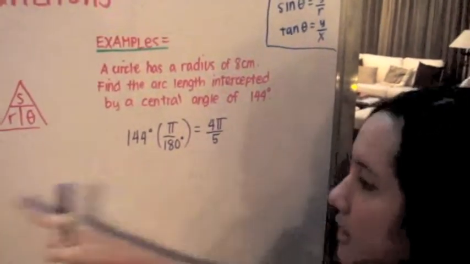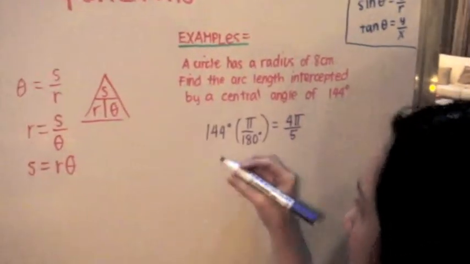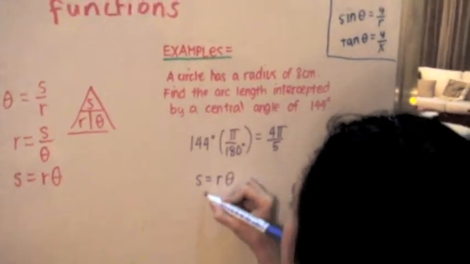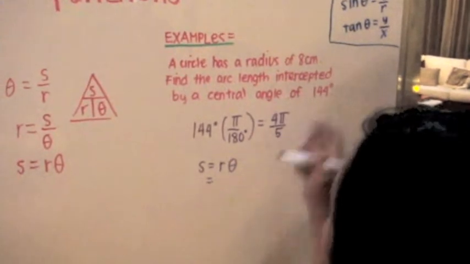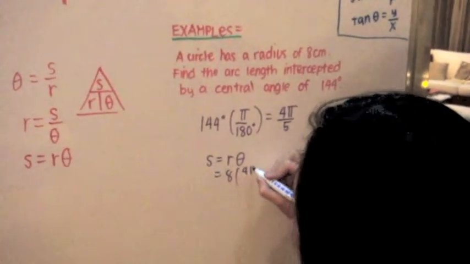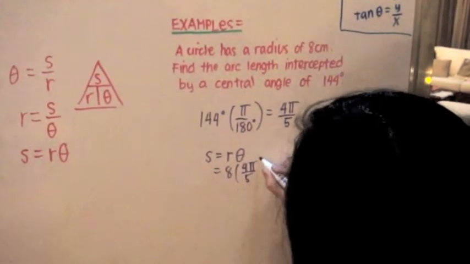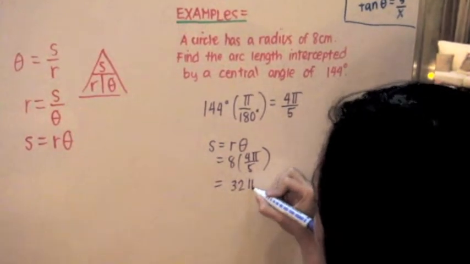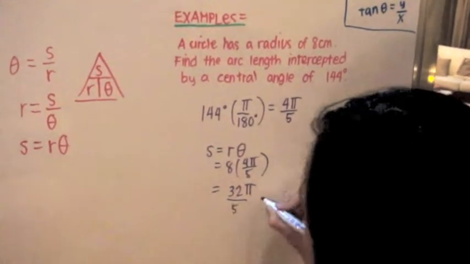So using the formula S equals R theta, our radius is 8 cm, so 8, and then our theta is 4 pi over 5. So we get 32 pi over 5 cm.